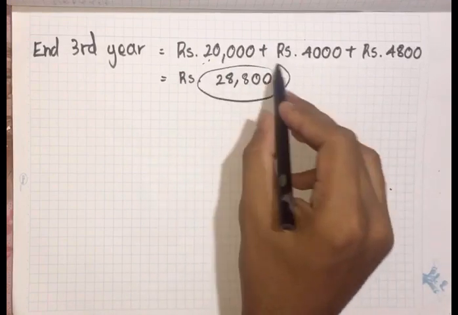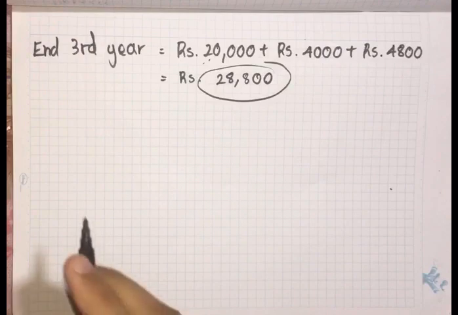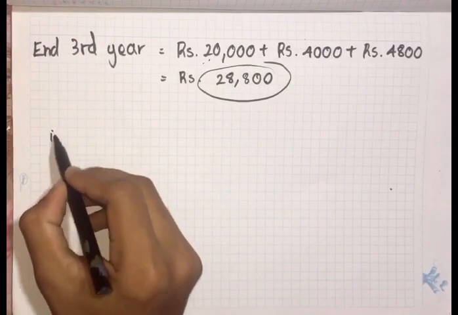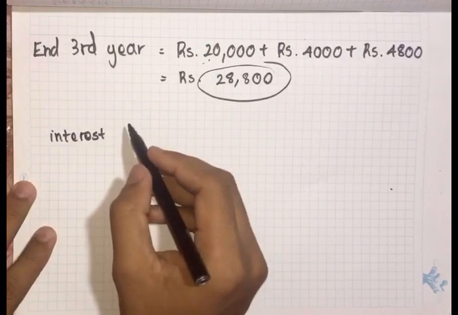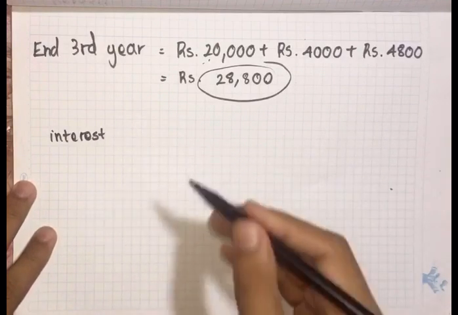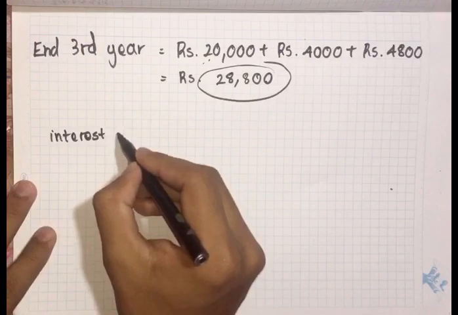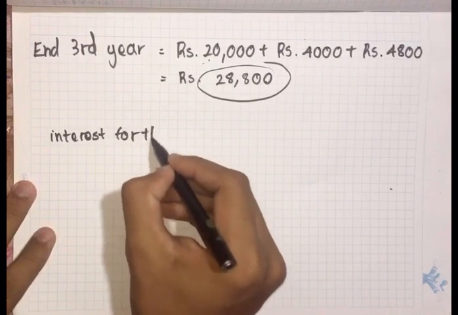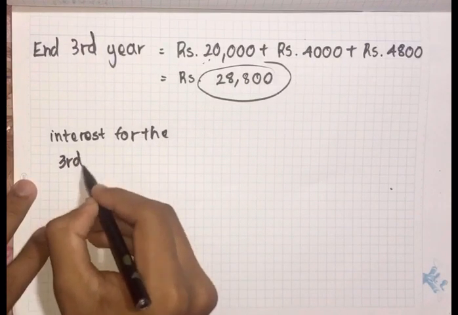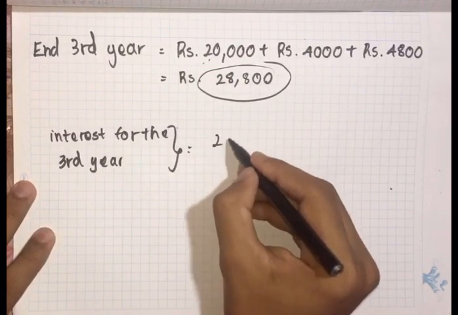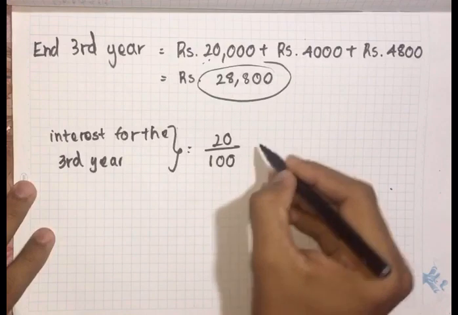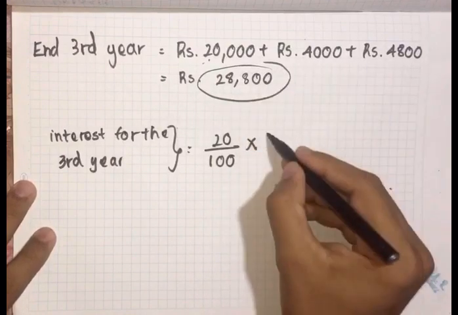Now for the third year, to find the interest that will be added to the bank, you have to include the total amount in the bank. Is that clear? Okay. Interest for third year. Can you see that the interest keeps on increasing because the amount is also increasing year by year. So interest for the third year. You know the interest rate, that is 20 is for 100, means how much for the total amount?